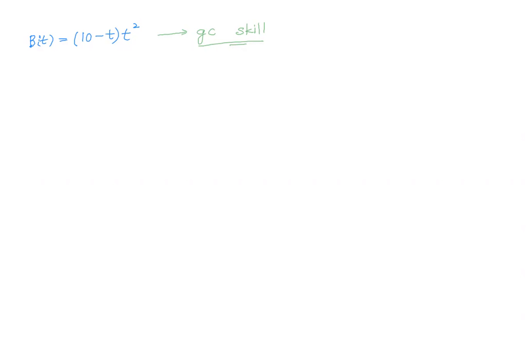So anyone who doesn't know differentiation, who doesn't know how to solve algebra, but has the GC skill to get all this information, is able to answer this question, as long as they understand what is the meaning of dB over dt. You agree with me?